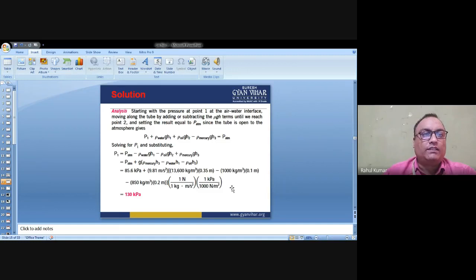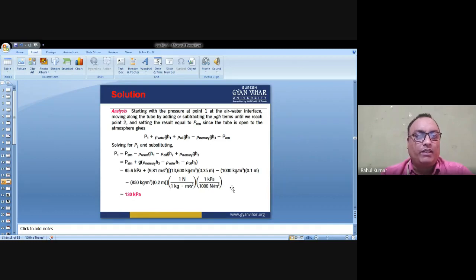For the analysis, we start from the pressure at point 1 at the air-water interface, moving along the tube by adding and subtracting rho g h terms until we reach point 2, and setting the result equal to P atmosphere, since the tube is open to the atmosphere.